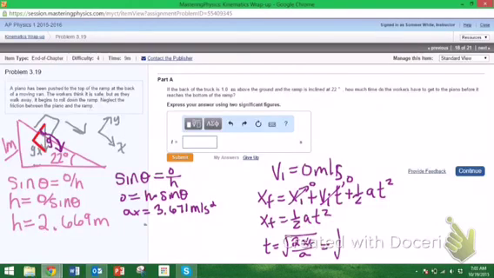I'm going to go ahead and plug and chug from here: 2 times 2.669 meters divided by 3.671 meters per second squared.